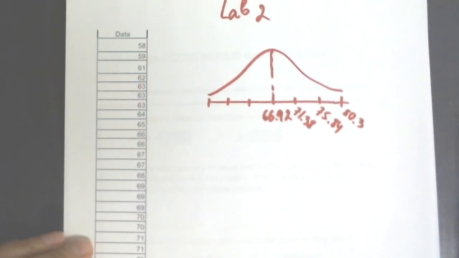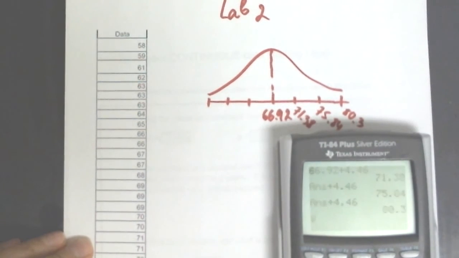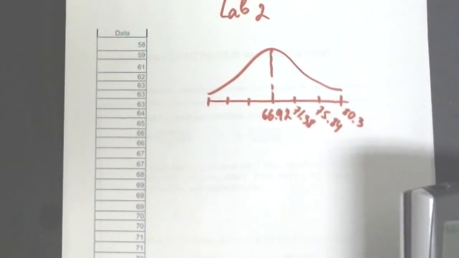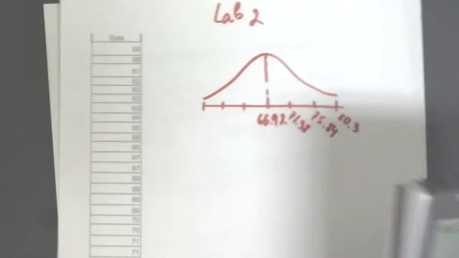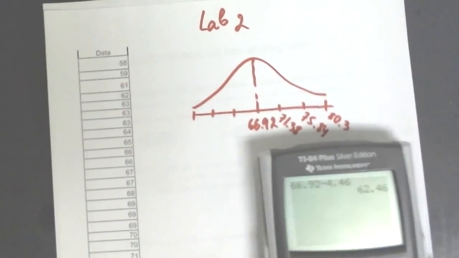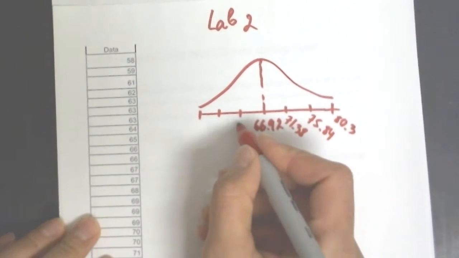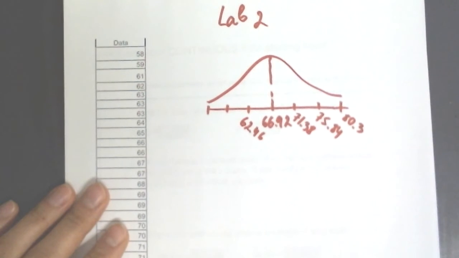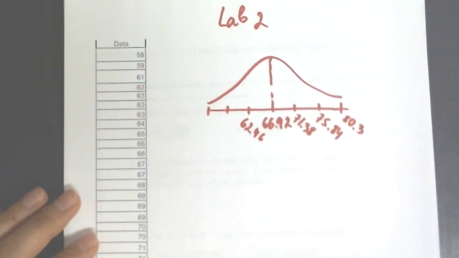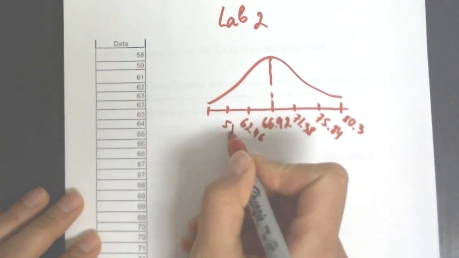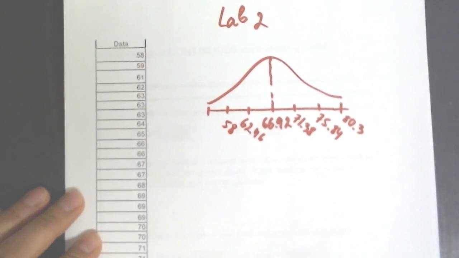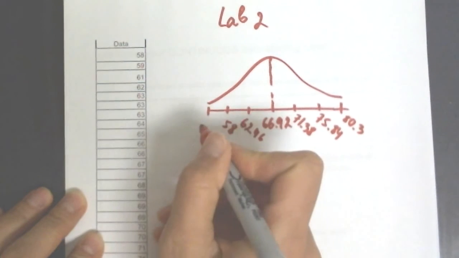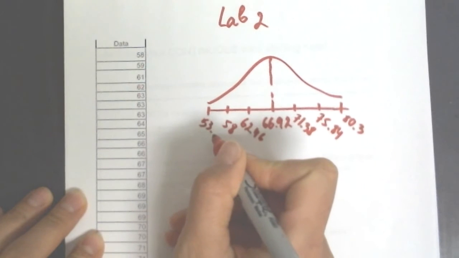Now we're going to go to the left. 66.92 minus 4.46, and that would be 62.46 on the left, minus another 4.46, that's going to give me 58, and minus another 4.46, that's 53.54.